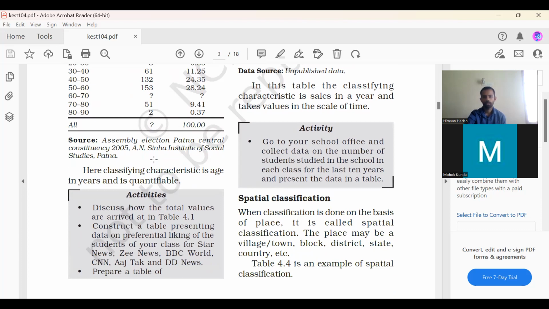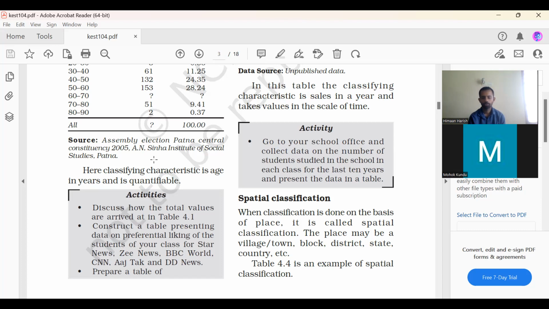Construct a table presenting data on preferential liking of the students of your class for Star News, Z News, BBC World, CNN, Aaj Tak, and DD News. So there are different news channels. BBC is a global channel, and CNN is a US based channel which is operating globally.